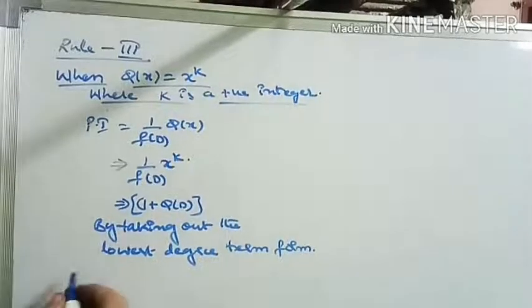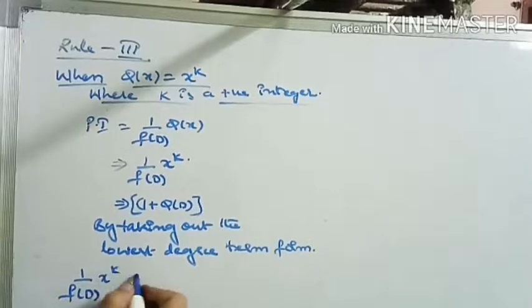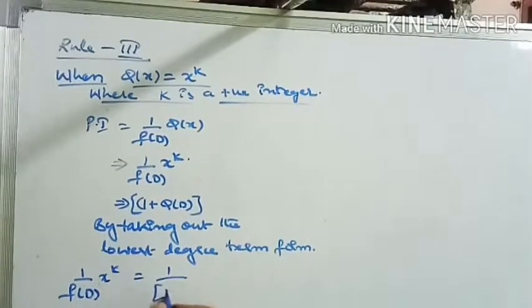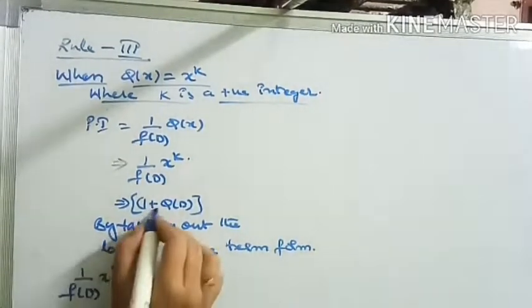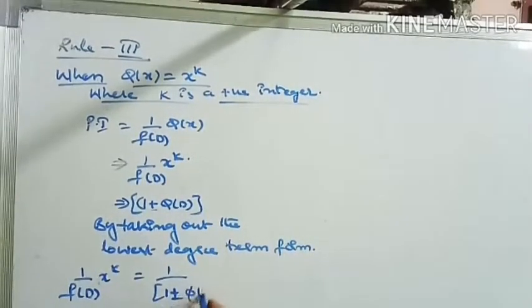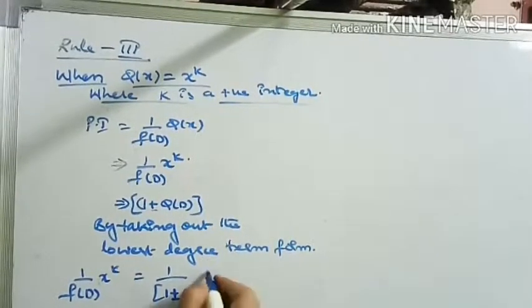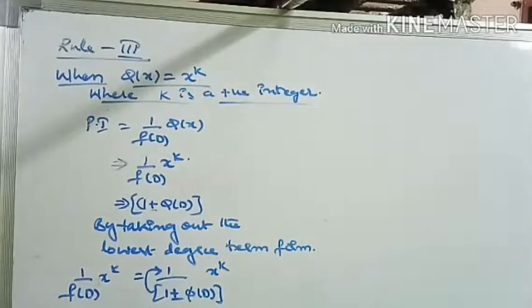Where 1 by f of D into x to the power of k will get reduced to 1 plus or minus phi of D, x to the power of k. Now we will take 1 plus or minus phi of D to the numerator.